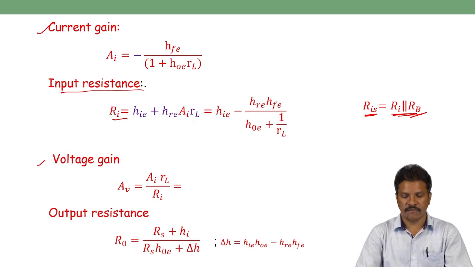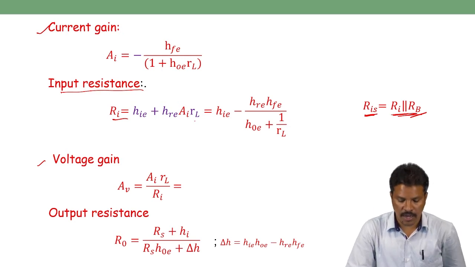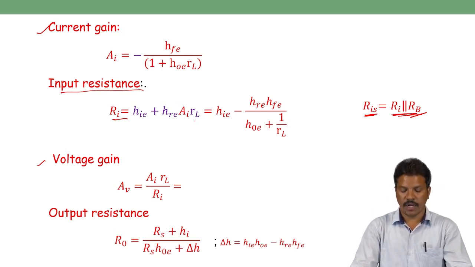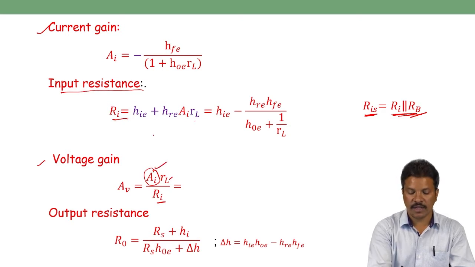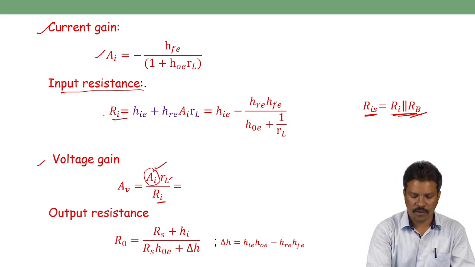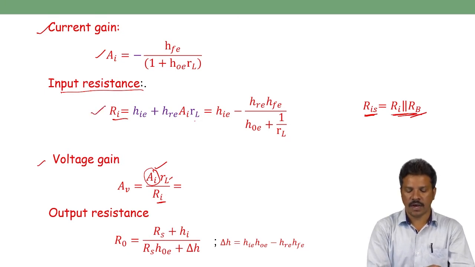That voltage gain AV is equal to AI RL divided by RI. So the formula for AV is current gain into load resistor divided by input impedance. We already calculated the AI here, and we have already calculated RI here.